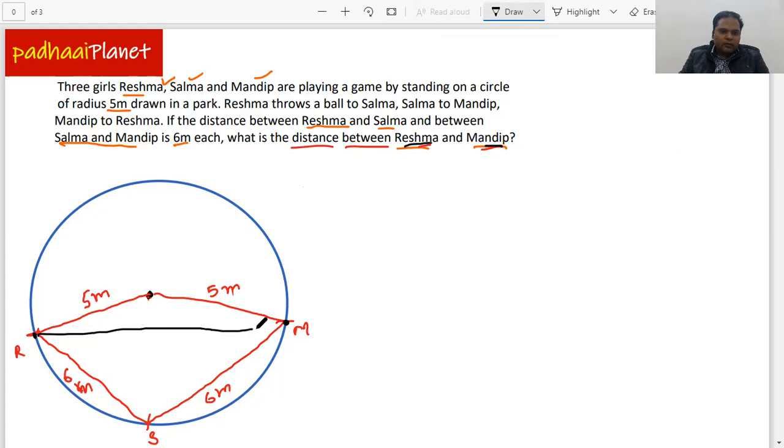This is the distance which we need to calculate. So this is nothing but a chord here. So RM is the chord, and we need to find the length of RM. That's what we need to find out in this question.